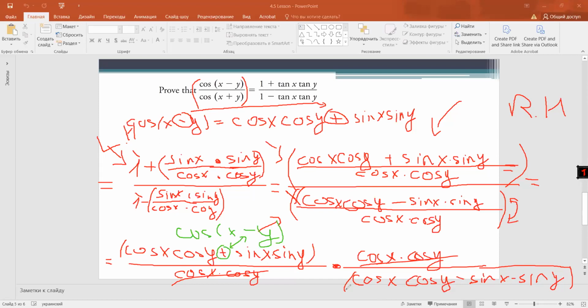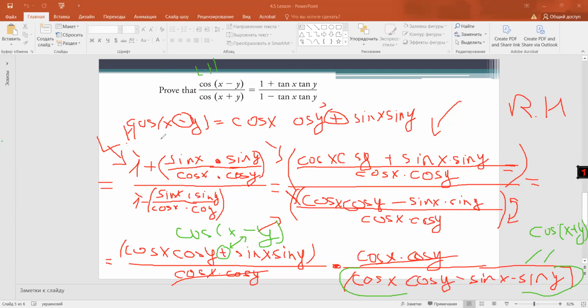So this is cosine of x plus y, which is equal to the initial identity. You see the left-hand side here is cosine(x minus y) over cosine(x plus y), and for the right-hand side we just showed that it is equivalent to what is on the left-hand side.